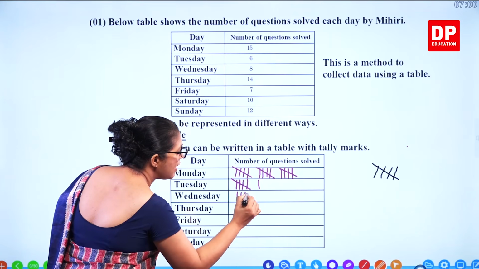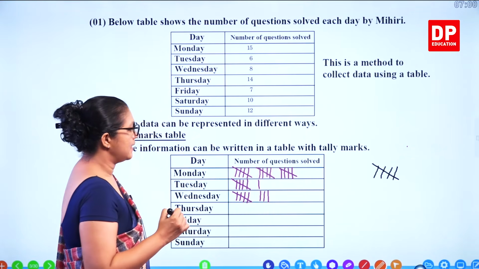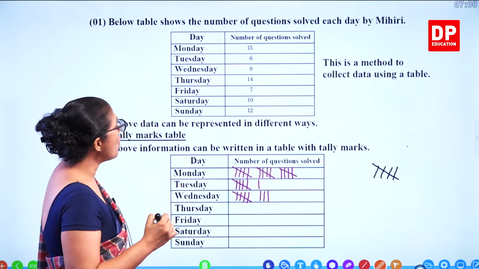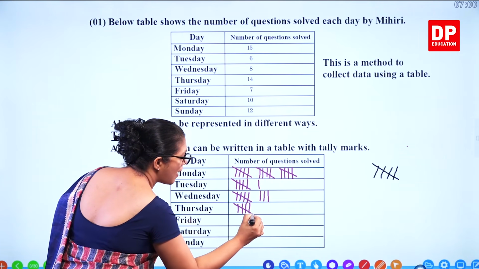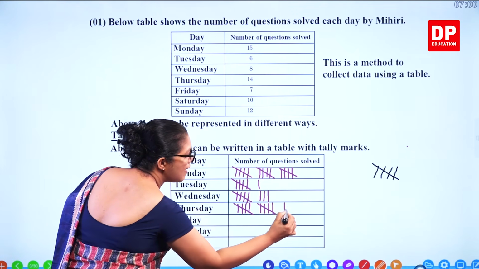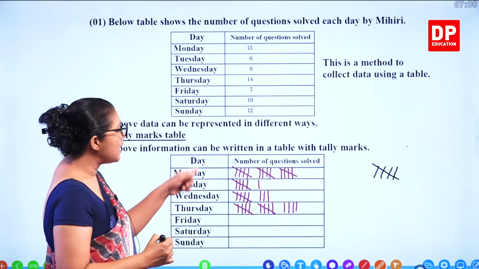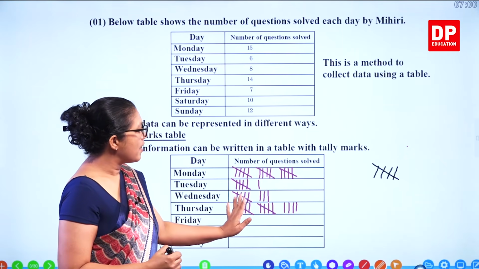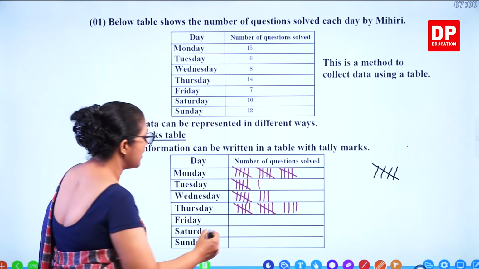1, 2, 3, 4, 5, 6, 7, 8. Thursday, 14. 1, 2, 3, up to 14. So we put tally marks, but in bundles of 5. Friday, 7.